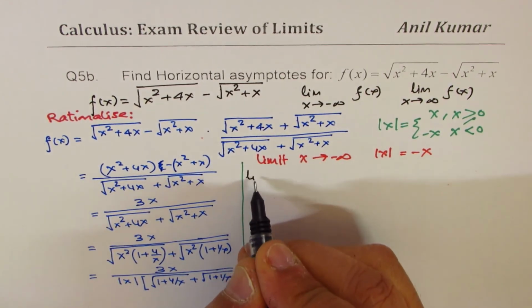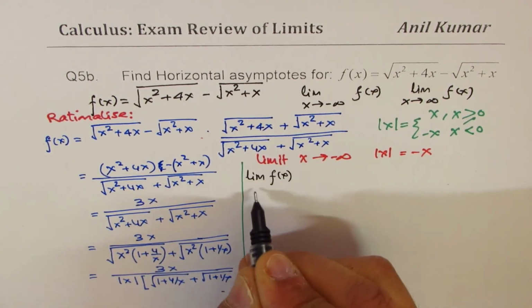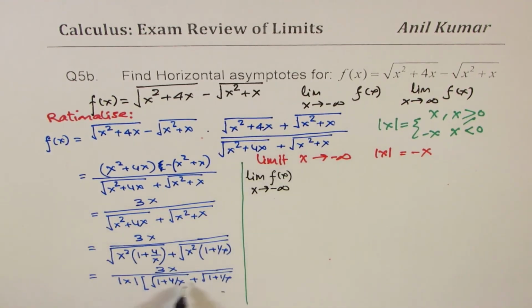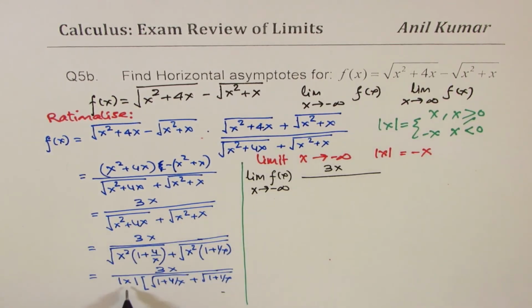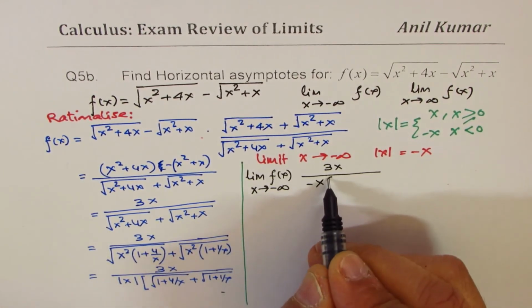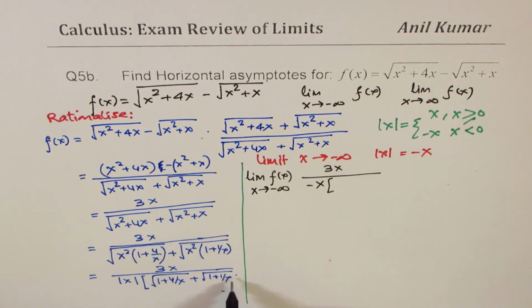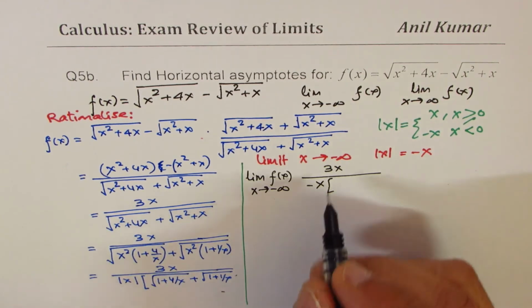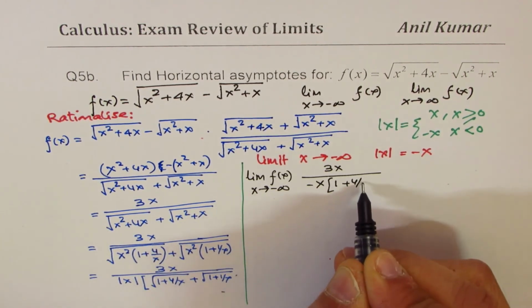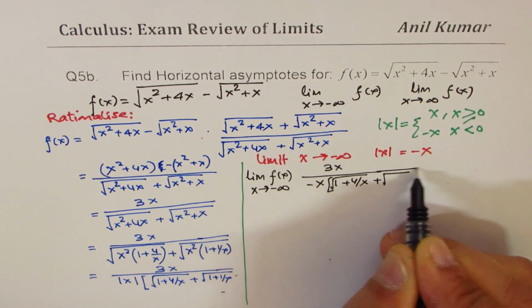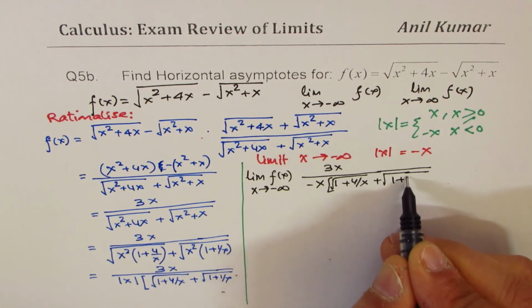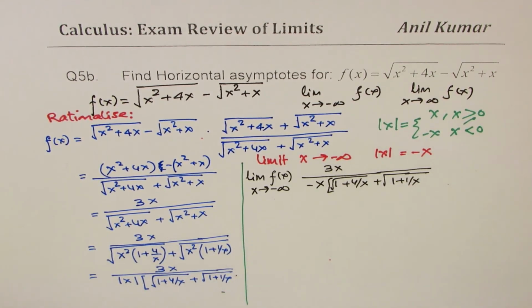So we'll say limit of this function when x approaches minus infinity, the function now is 3x over negative x, right, times square root of 1 plus 4 over x plus square root of 1 plus 1 over x. Is it okay? Now in this case, x and x cancel, but you get a negative sign.